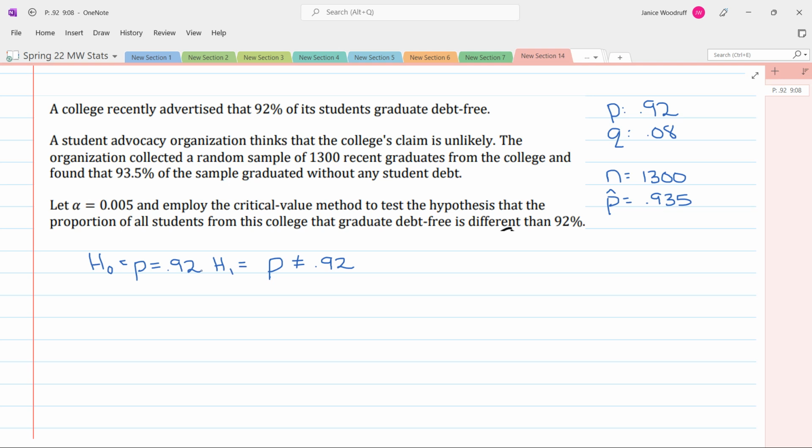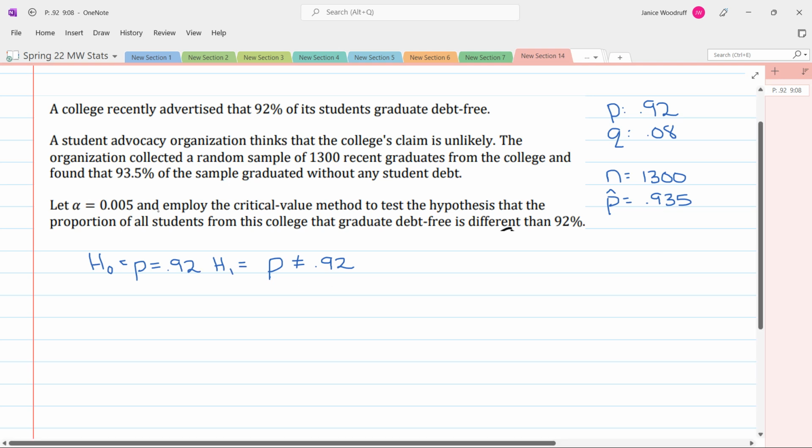So let's find that critical value for 0.005. Since it's not equal, that's going to be a two-tailed test. So we're going to have to go 0.005 divided by 2, which is going to be what?